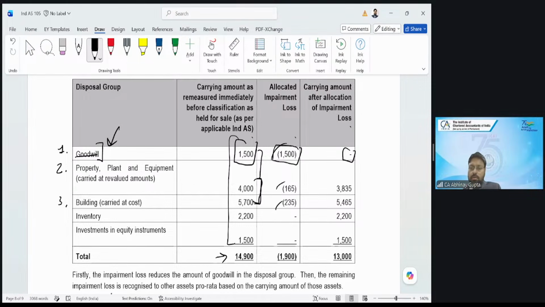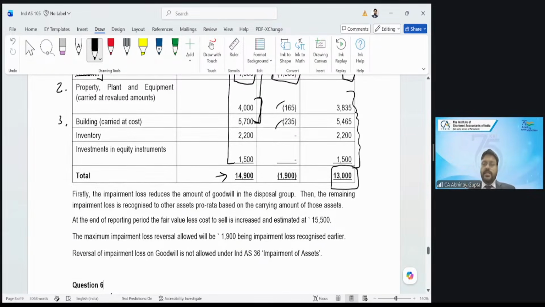So this is how the revised balances will be computed, and the carrying amount stands at 13,000 all in all for the group, right? So the same explanation has been offered to substantiate whatever we have done in the question. Firstly, the impairment loss reduces the amount of the goodwill in the disposal group. Then the remaining impairment loss is allocated to other assets pro rata based on their carrying amounts, right?